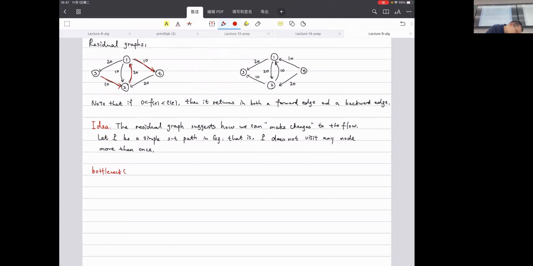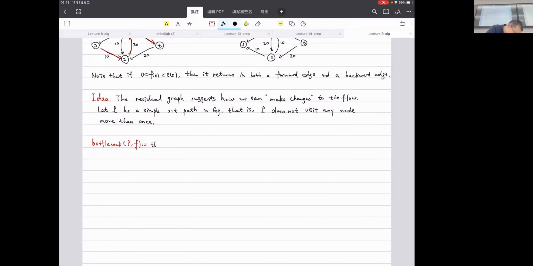The bottleneck of P with respect to the flow f is defined as the minimum residual capacity. The residual capacity is just the capacity on the residual graph.